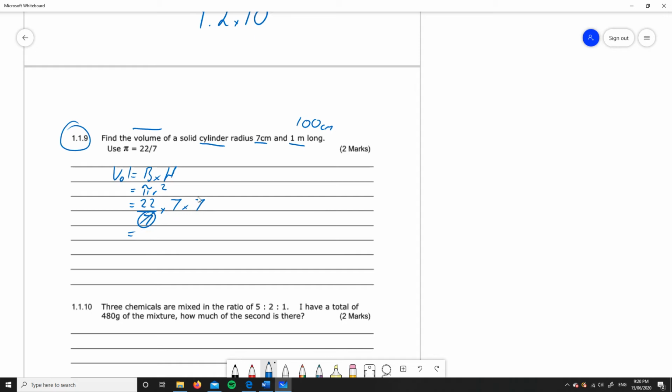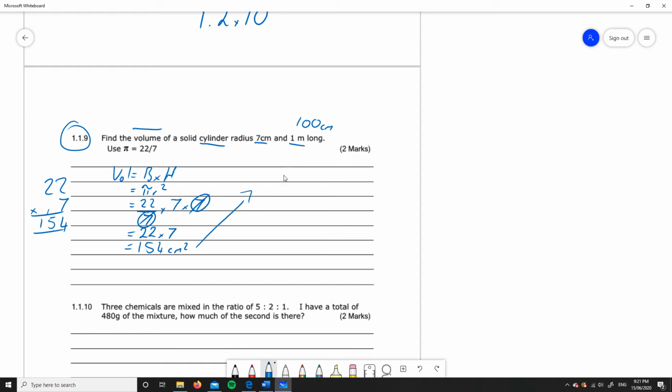One of those 7s will cancel out one of those 7s, give me 22 times 7. 22 times 7 gives me a total of 154 centimeters squared.